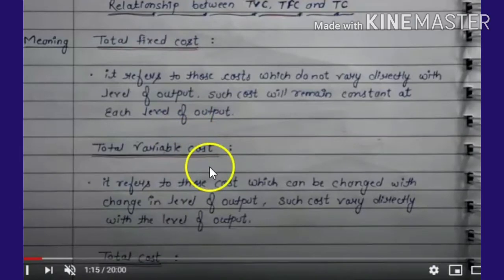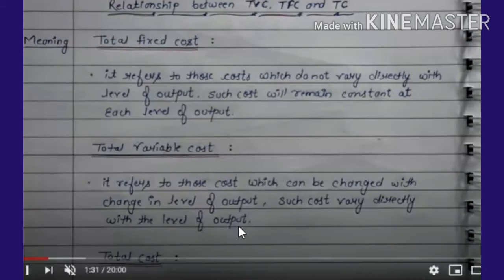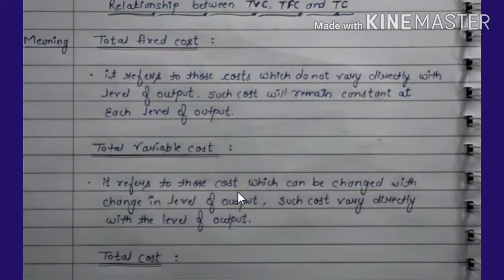Total variable cost refers to those costs which can be changed with the change in the level of output. Such costs vary directly with the level of output. Variable cost means some cost has to be paid for the variable things, like the cost for capital, or some laborers introduced, so it may vary.